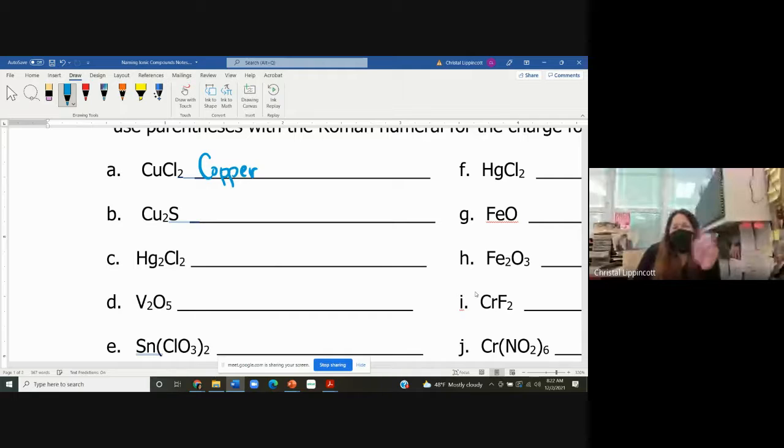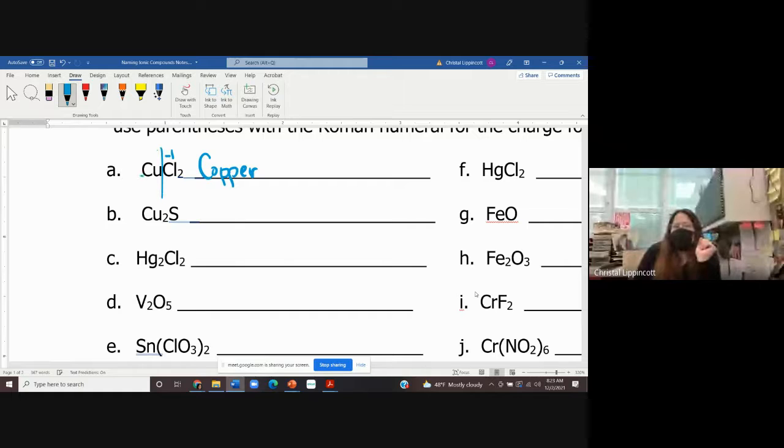Copper has 2 options. Now, don't start with the 2 options for copper. Don't start there. Start with this guy because your anion only has 1 option. Okay? So look up chlorine. Chlorine is a -1.